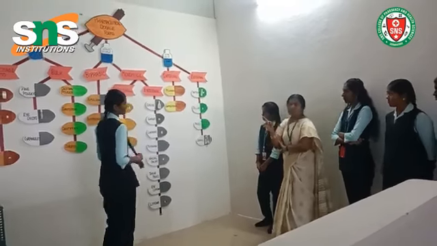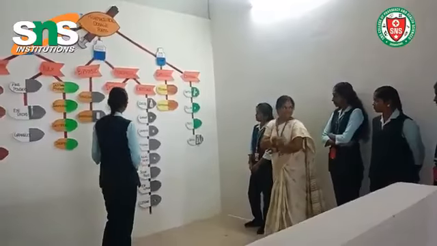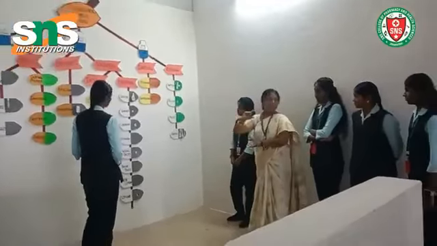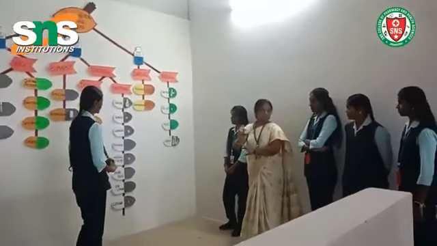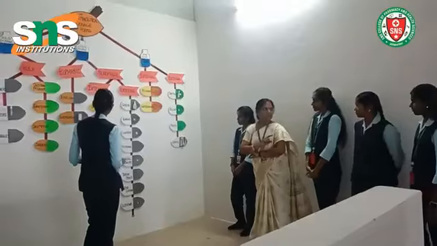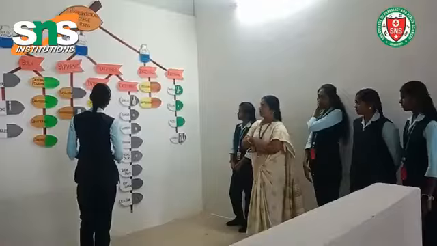The prepared suspension should be used within a limited time. For example, when you prepare a dry suspension of metronidazole for amoebic dysentery, you have to use it within 3 days. What does that mean? You have to complete it in 3 days. You should not store it for a long time.